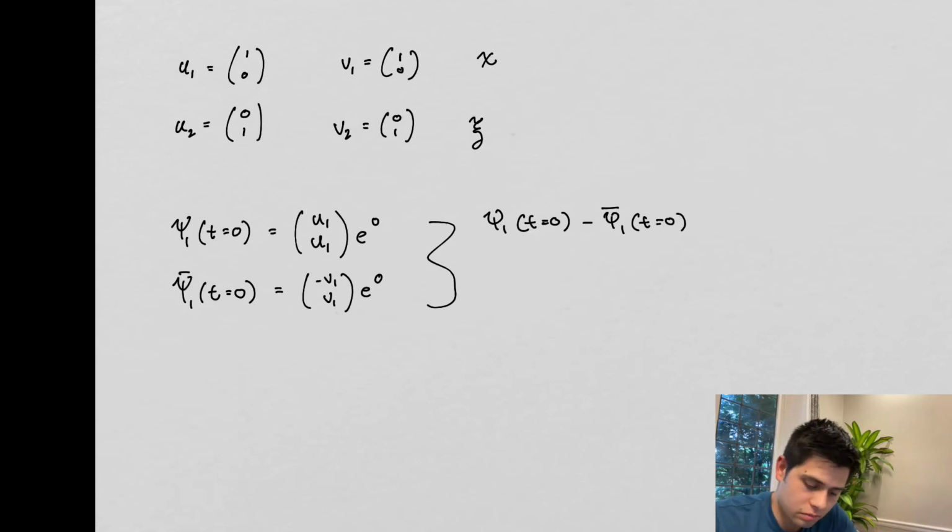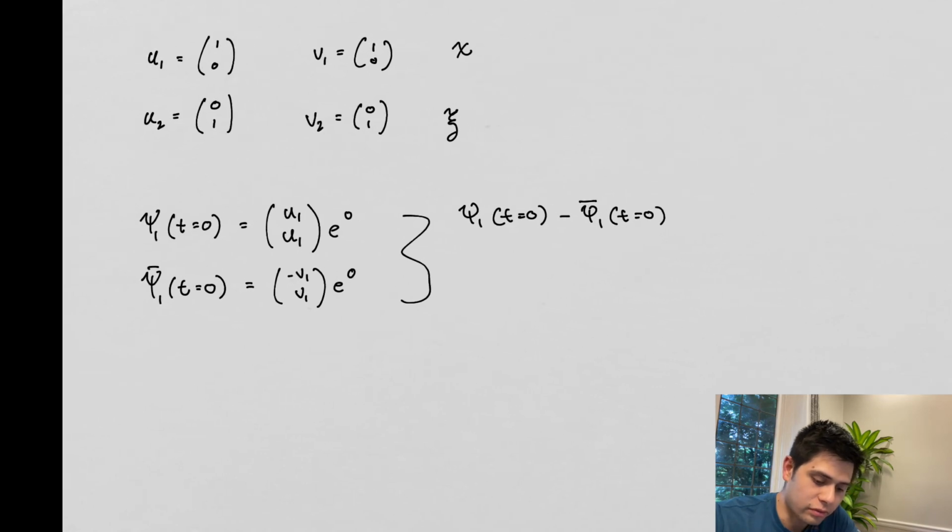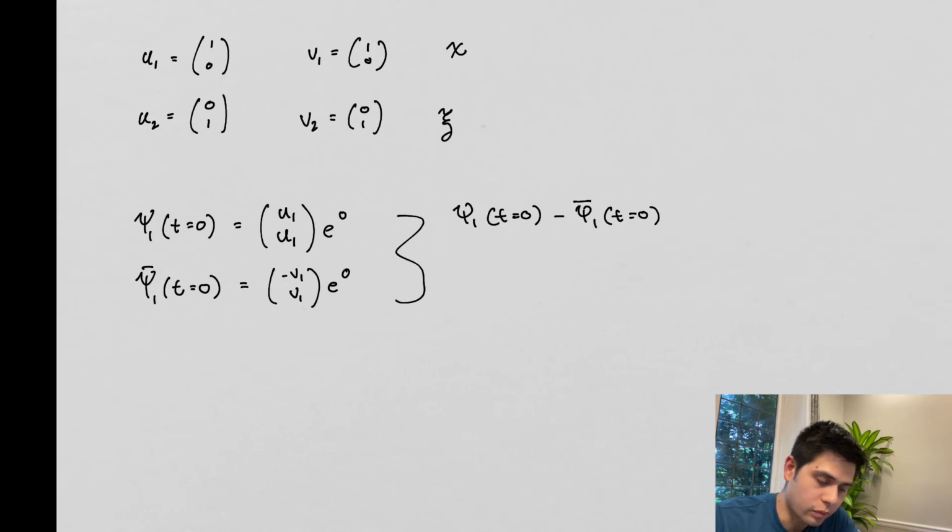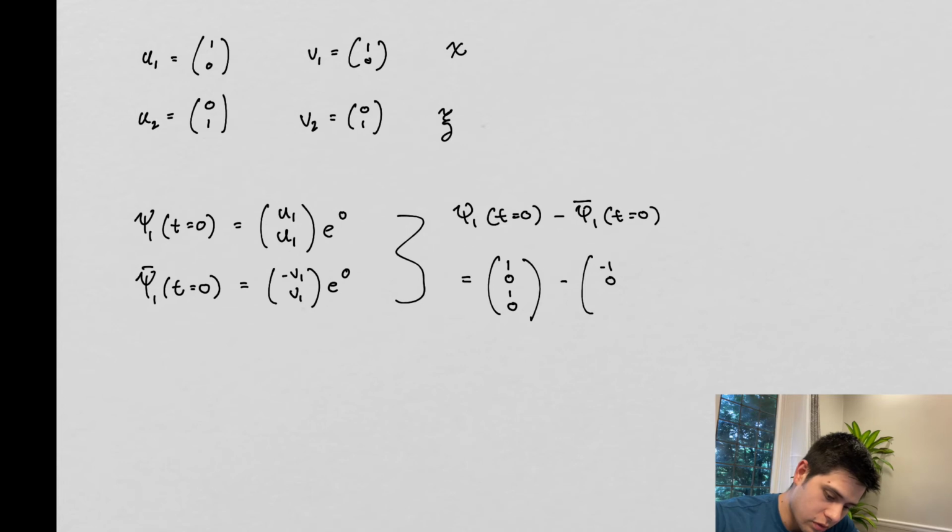You might think this is random, but let's see what this ends up being. We're going to get 1, 0, 1, 0, because e to the 0 is just 1, minus 1, 0, 1, 0. Well, what does that give us? That gives us 2, 0, 0, 0.